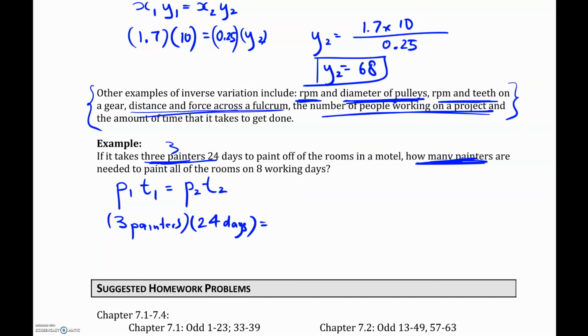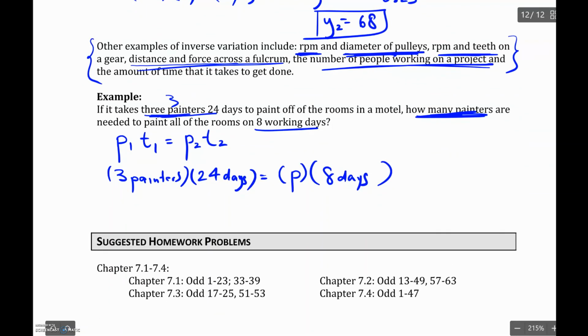So we're going to write P for number of painters in 8 working days. So I'm going to write 8 days. Now in solving, we must have then P is equal to the left side, which is 3 painters times 24 days, and you're dividing by the coefficient of P, which is your 8 days.